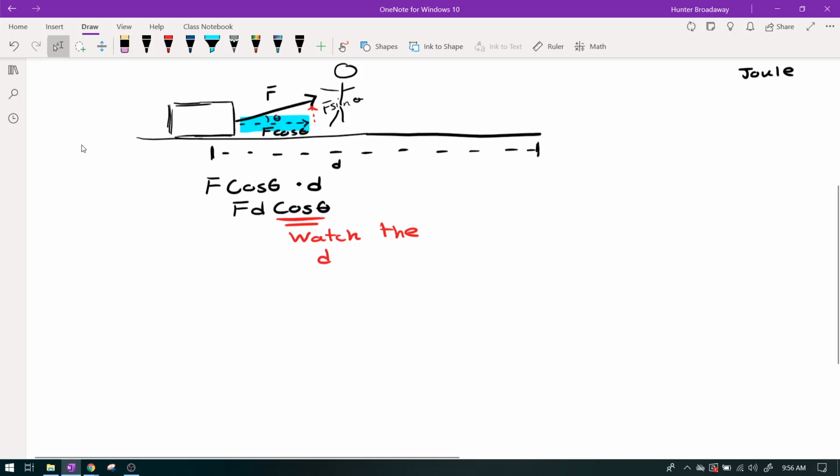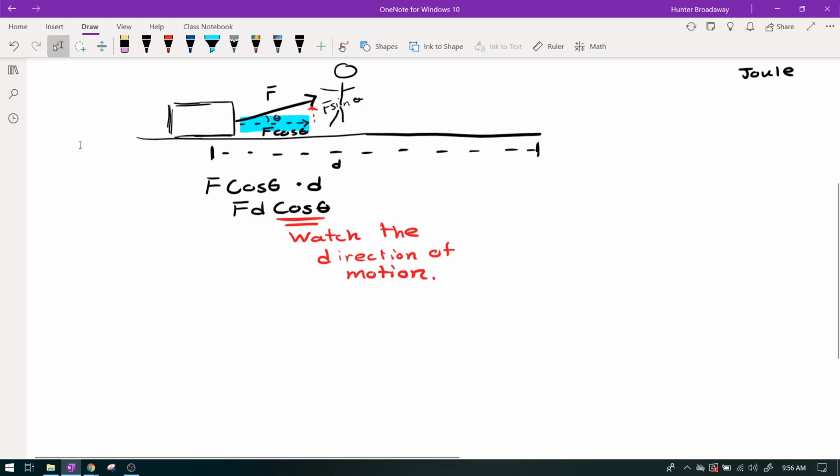Sometimes sine will be the one that it takes. I'm going to try to come up with a couple of examples where it would not be cosine, it would be sine instead. But we'll do those whenever we get to them. We're going to make ourselves go a little bit deeper in this work concept first.